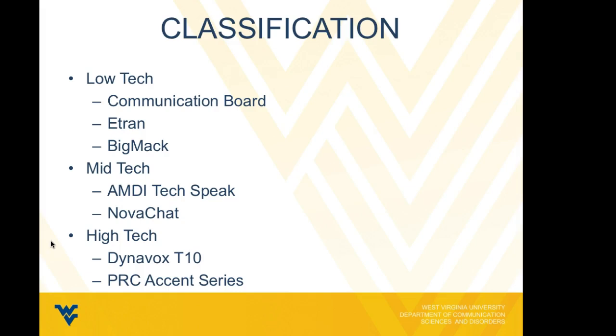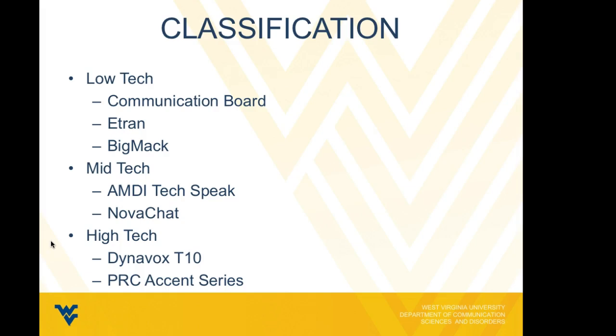Right now the market tends to include high-tech devices as being things that might be considered perhaps $8,000 to $20,000.